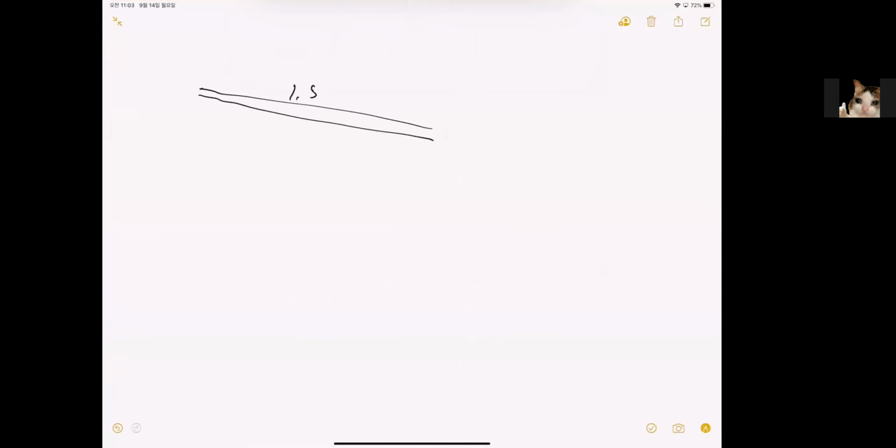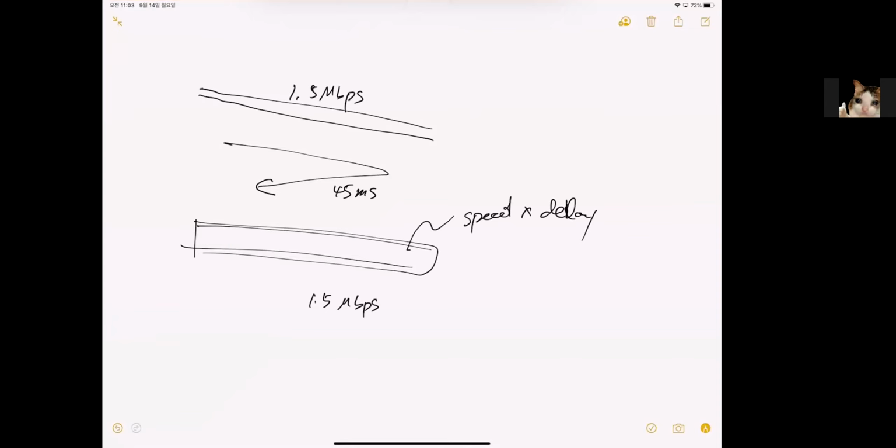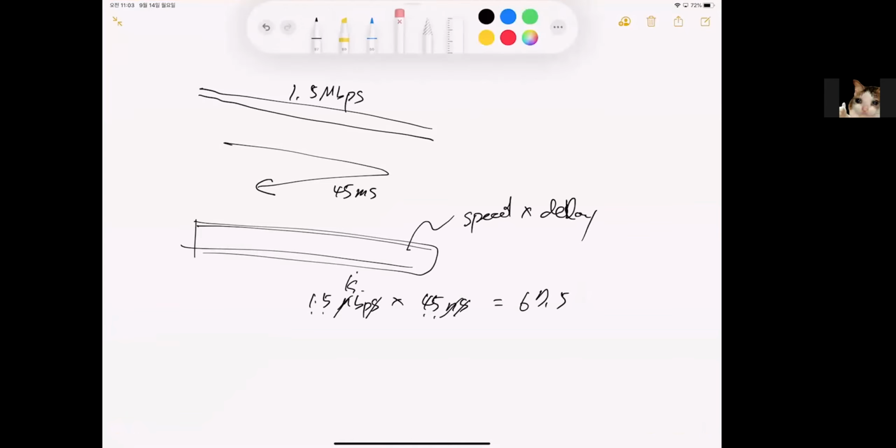In this case, 1.5 Mbps multiplied by 45 milliseconds, the second is gone, because it is per second. M is gone, then K. I only have K and B, 1.5 and 45, which is 67.5 KB.